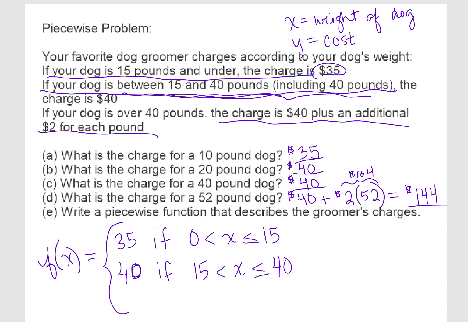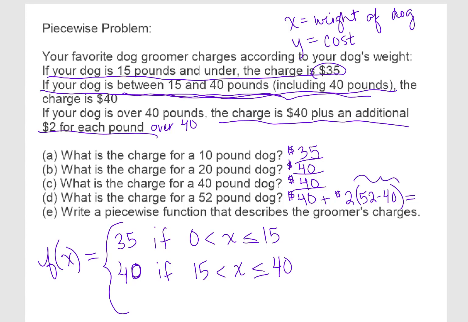what is the charge for a 52-pound dog? It's not per pound. It's worded that way, I feel like, because it says plus an additional $2 for each pound. But it's for each pound over 40. So we have to change this a little bit. So $40 plus 2 times 52 minus 40.